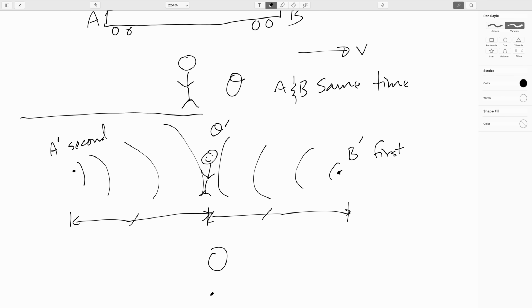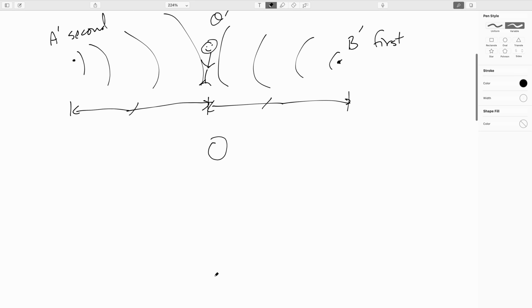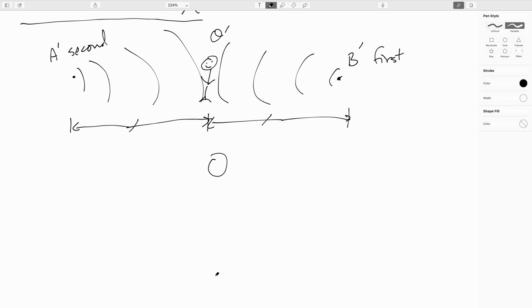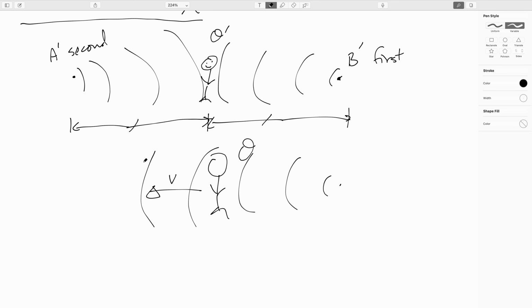So I see you, O, moving to the left at V. And what I would say happened is that you were running away fast enough that the light had to travel some extra distance from B to get to you, and then eventually caught up with you when you got here.